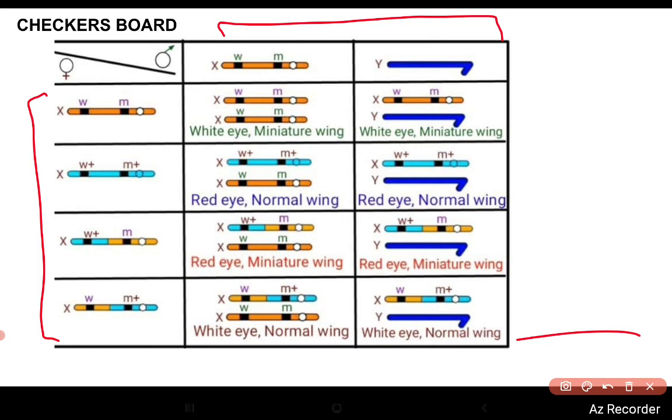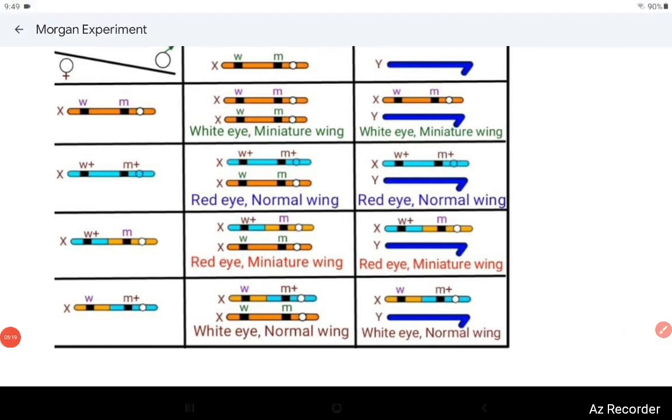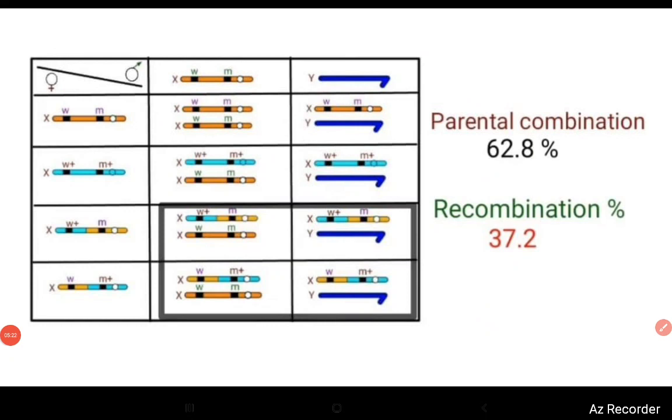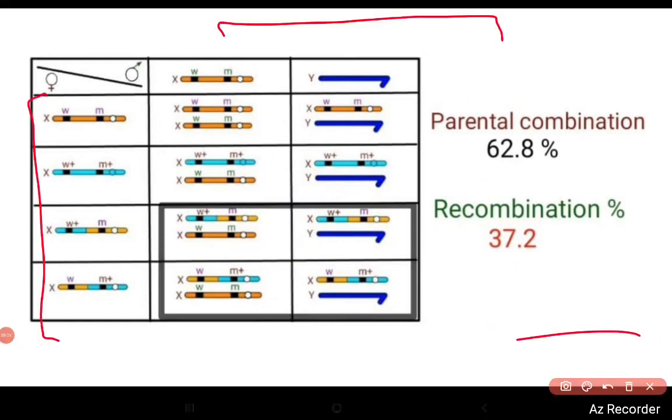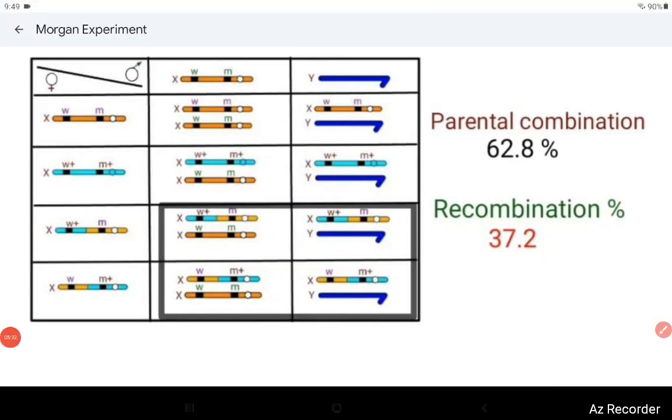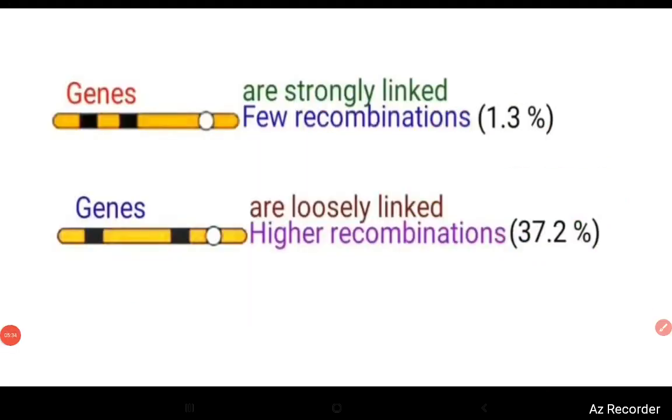So the parental combination here is 62.8% and recombinations are 37.2%. So here we have observed that genes are strongly linked when there are few recombinations, which we saw in the first cross.